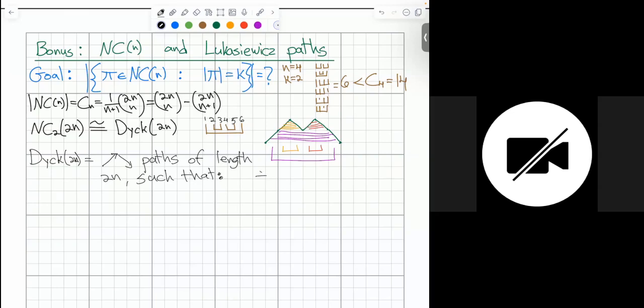Condition number 1 is that the path ends at the point (2n, 0). If this is 0 and this is 0 again, I need to end where I started. But also, I want to never go below the x-axis. So I want to never cross this line over here.